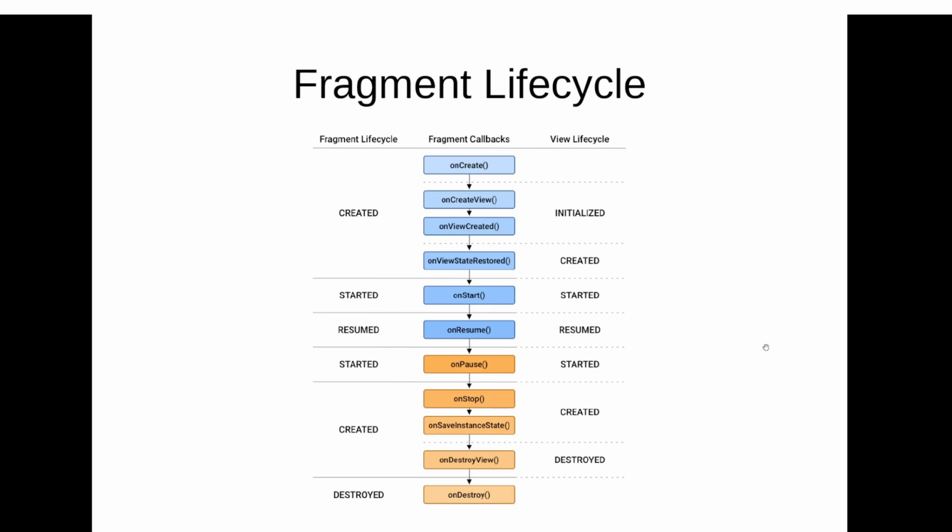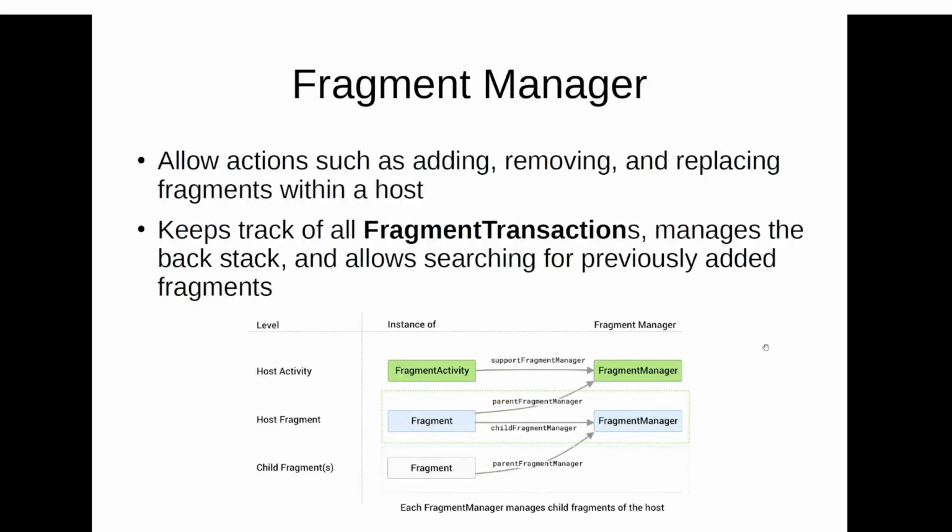Now, we mentioned that every host that is an activity or a fragment has what's called a fragment manager. So the job of a fragment manager is to allow us to perform fragment-based operations, as well as get specific information about the state of our application as it relates to fragments.